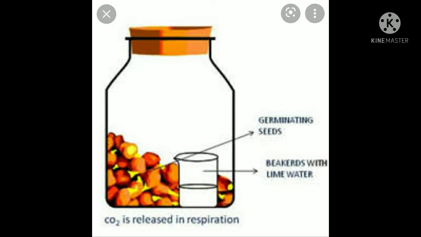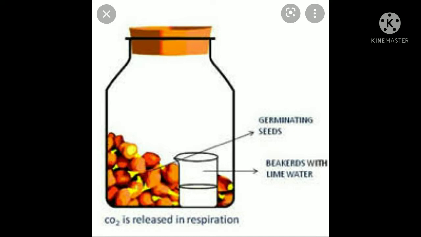First, take a wide-mouthed bottle and put some sprouted seeds on one side of the bottle and keep the beaker on the other side, and pour the lime water in the beaker. Close the cap with the help of vaseline on the edges to make it airtight.